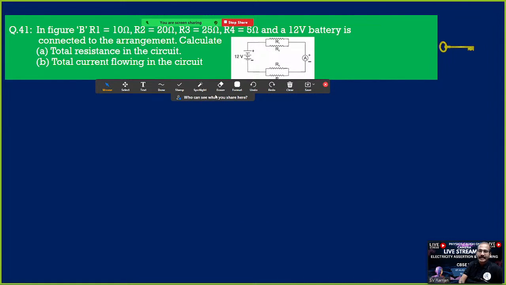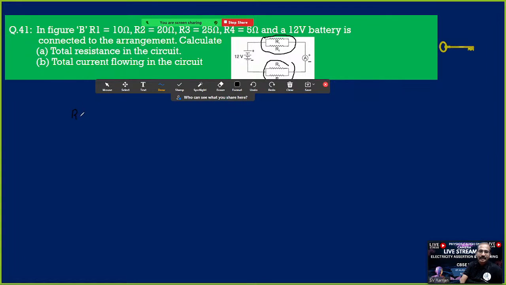Now you can see R1, R2, R3, R4. Here in this picture you notice that R1, R2, these two are parallel. Again R3, R4 also in parallel. Now this parallel combination and that parallel combination are again in series.